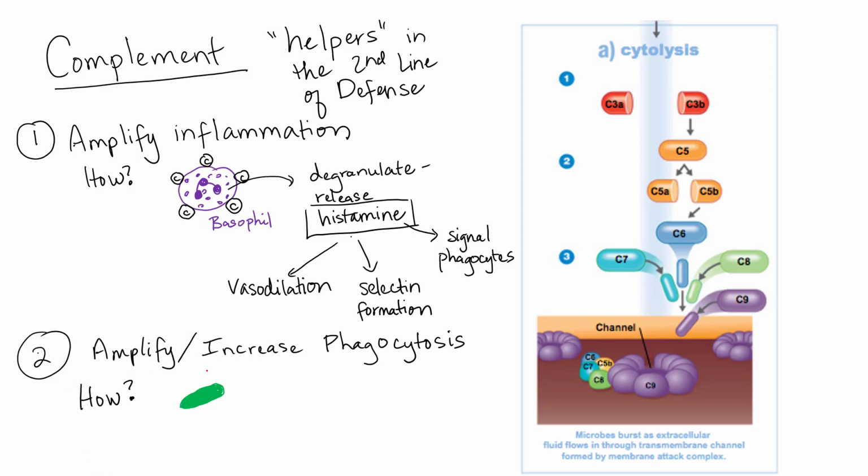So to make that happen faster than it would normally happen, complement binds to the surface of the bacteria and then that's beneficial because phagocytes have complement receptors. So a phagocyte has complement receptors here that bind to complement.